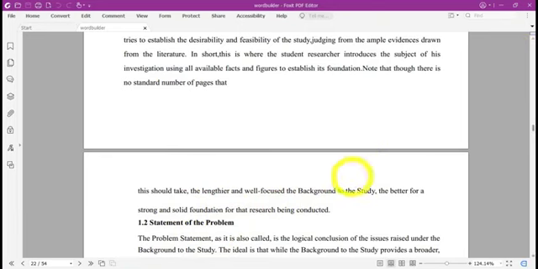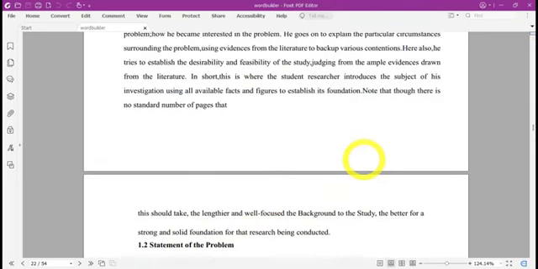So in as much as there is no standard number of pages, you still have to get enough to be able to get the background of the study.